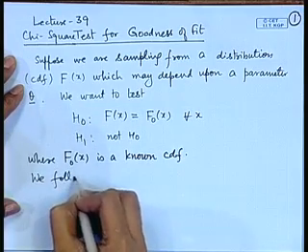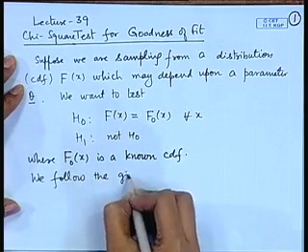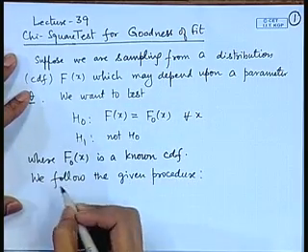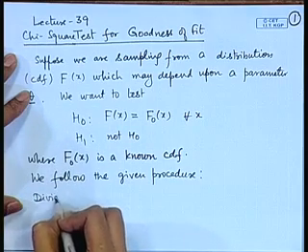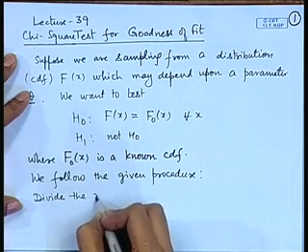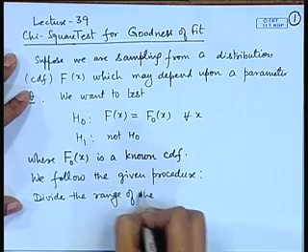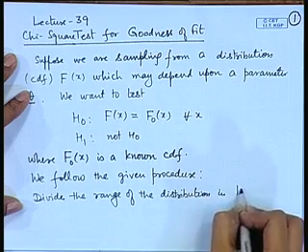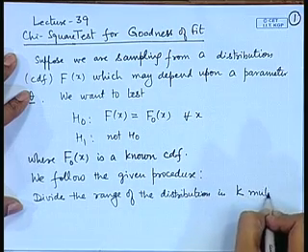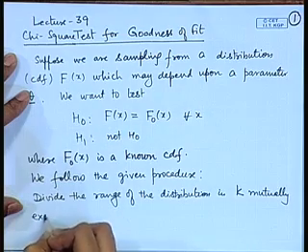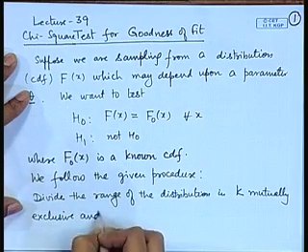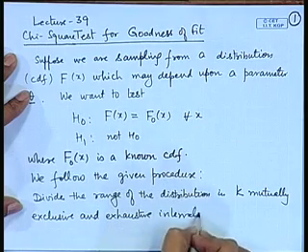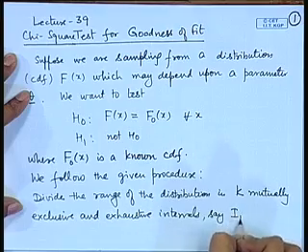We follow the given procedure. So, divide the range of the distribution in k mutually exclusive and exhaustive intervals. Let us call these intervals I1, I2, ..., Ik.